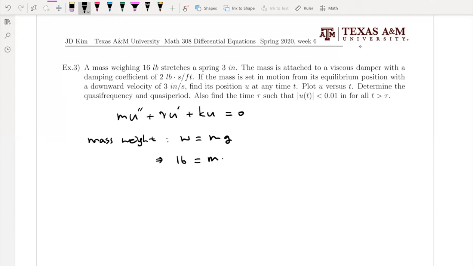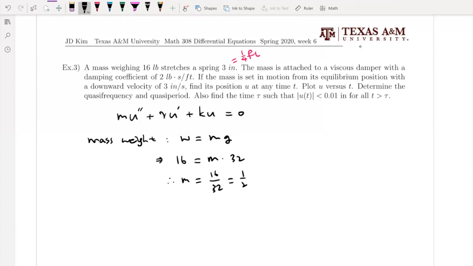Even though the spring is stretched by 3 inches, we're going to use feet instead of inches, which is 1/4 feet. Gravity will be 32 feet per second squared, so my mass m must be equal to 16 over 32, which is 1/2. We're going to plug this in later.